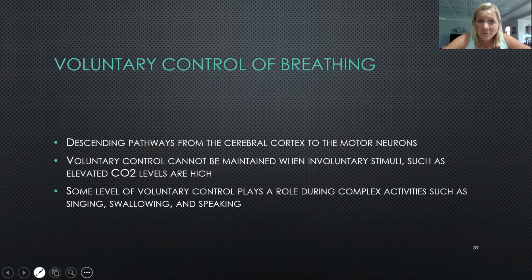So then you end up gasping for breath or whatever. Okay. Again, we said some voluntary control is important for complex activities, singing, swallowing, speaking, but also rhythmic activities, yoga, swimming are 2 examples where it's important for us to really focus on breathing as well.